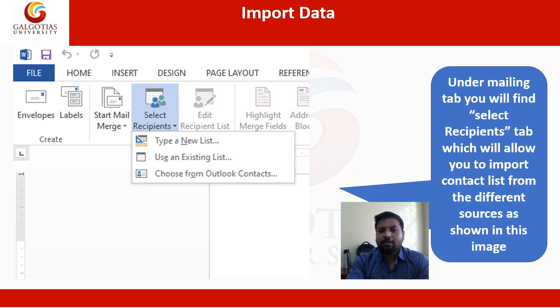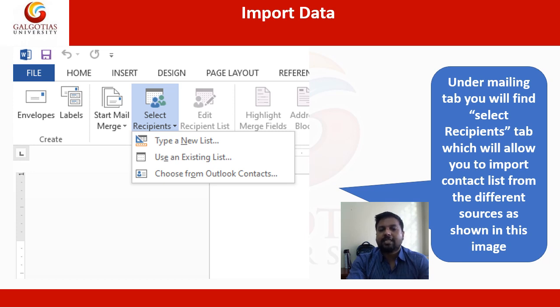After clicking on that, you will get three options. First one is type a new list. Type a new list allows you to create your own list. If you have not saved any list, you can type all the details and create a new list. The second option is use an existing list.